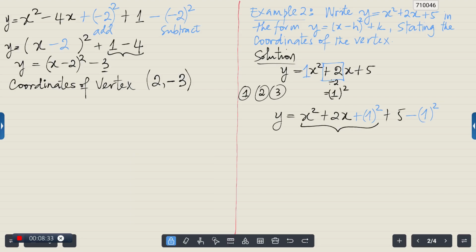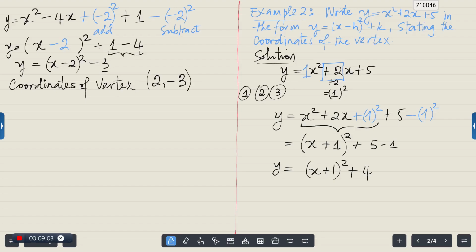So now we have x plus 1 all squared plus 5 minus 1. This reduces to x plus 1 all squared plus 4.